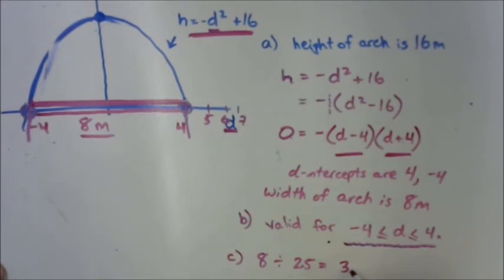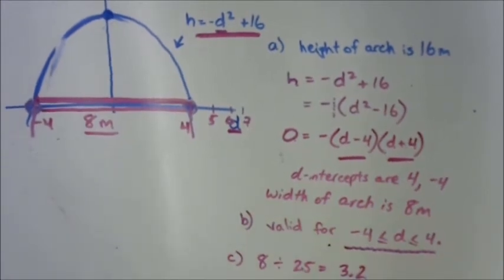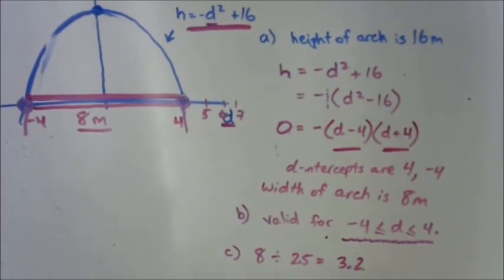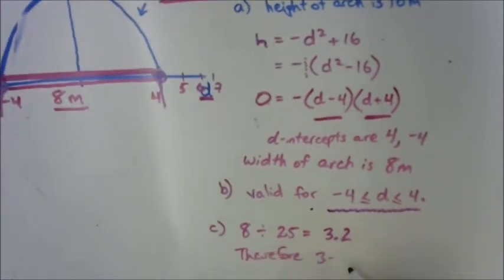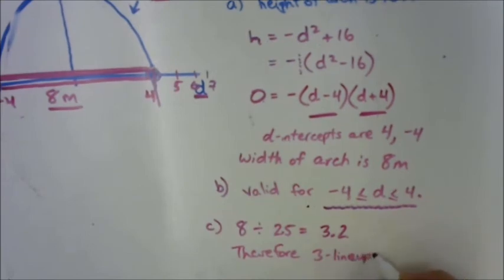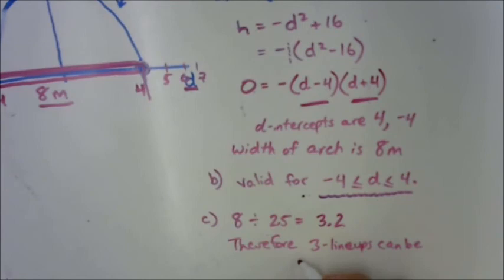You'd get 3.2. So how many lineups can be accommodated? 3, right? Therefore, 3 lineups can be accommodated.